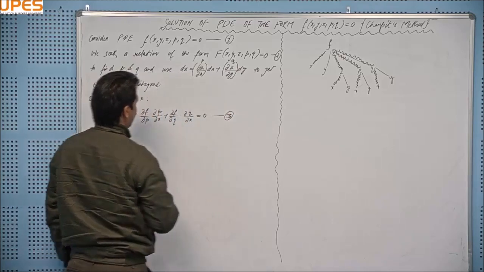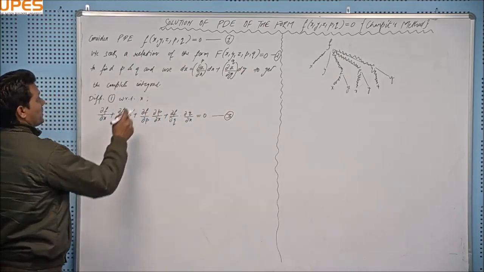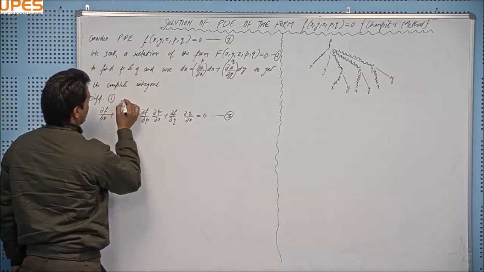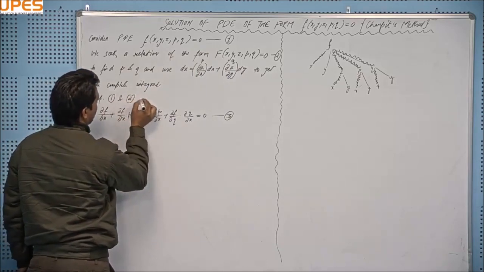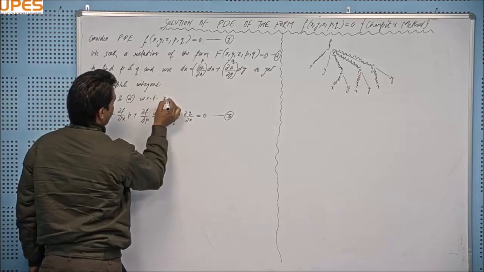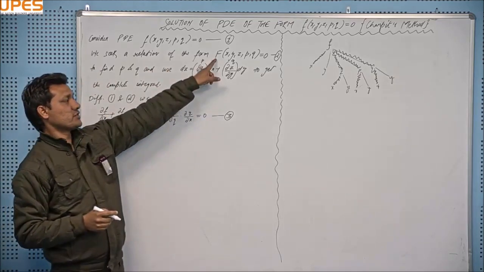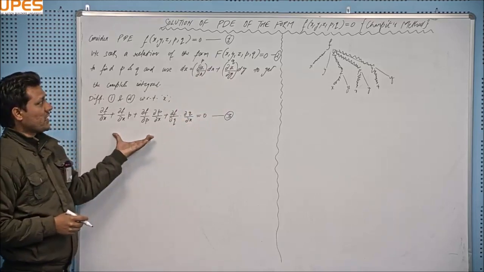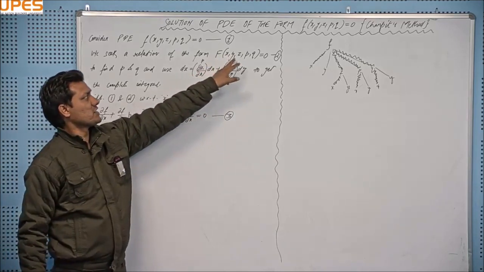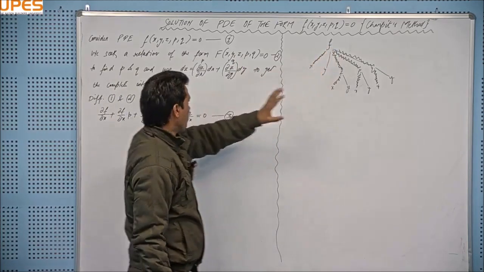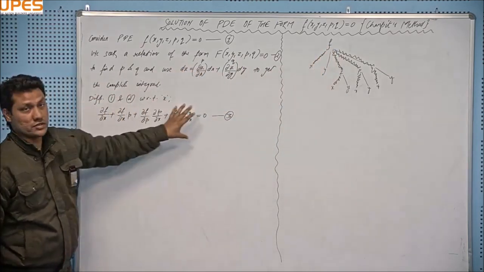Similarly, differentiating equation number 2 with respect to x, differentiating first and second with respect to x. Now treating the function F the same way, capital F is also a function of x, y, z, p, q, so you can replace small f by capital F, and following the same process you can write this equation, right?